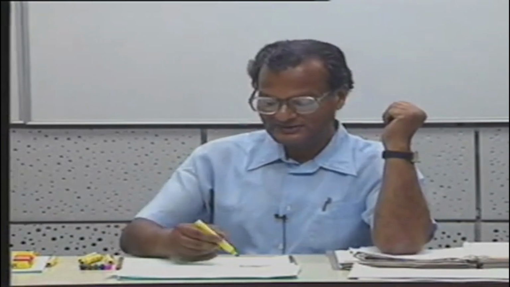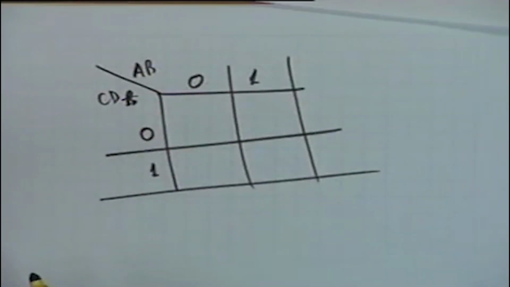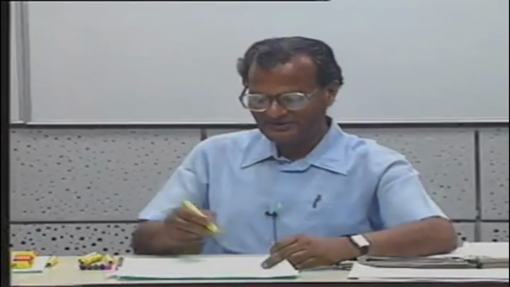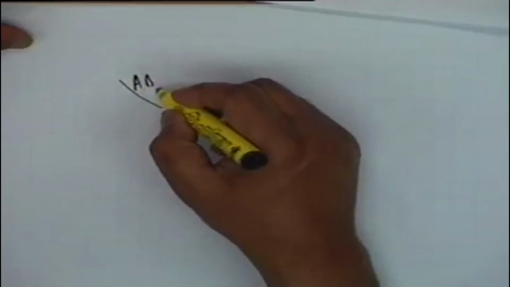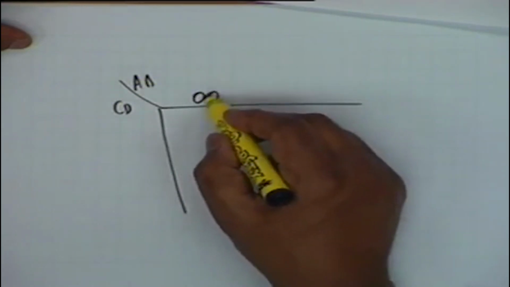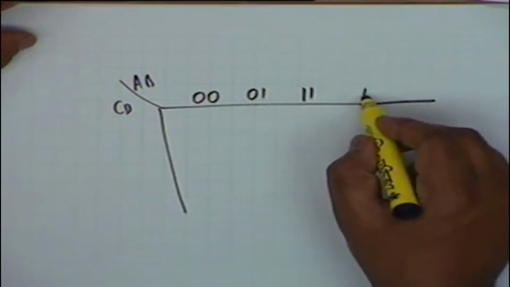Suppose you have 4 variables. That is, you have, let's say, AB and CD. Then you see the AB possibilities are 0 0, 0 1, 1 1, 1 0.